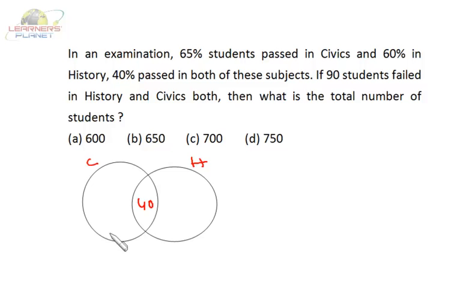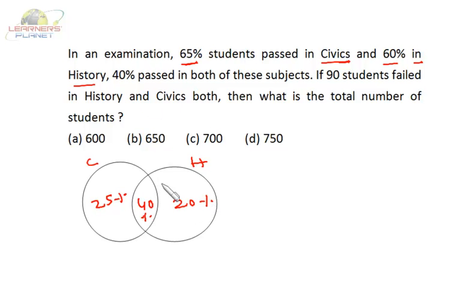The total of the civics circle is 65%. So 40% is over here, and the remaining 25% is over here. All the data is in percentage. In case of history, 60% in history. If 40% is over here, then the remaining 20% will be here.